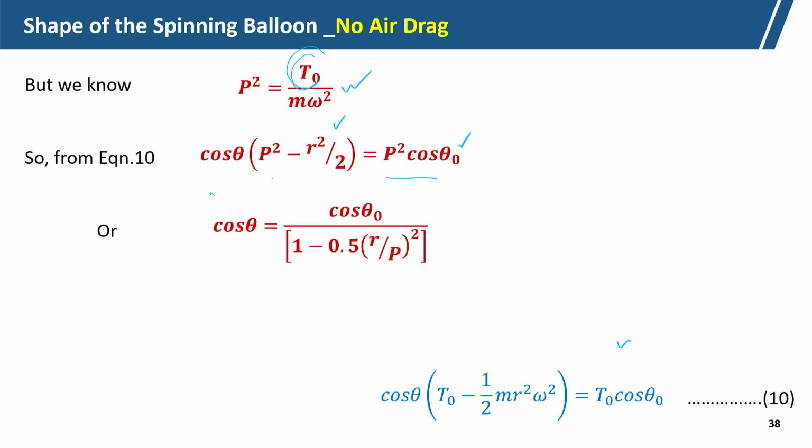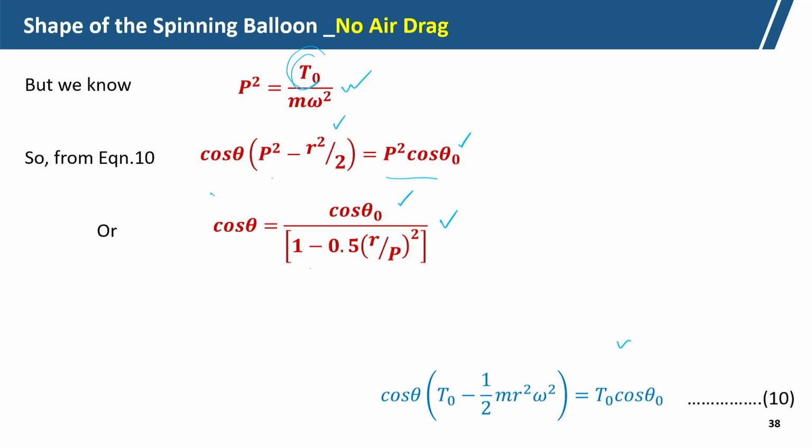So, cos theta will be cos theta 0, okay, and rearranging this equation will be 1 minus 0.5 r square by P square.